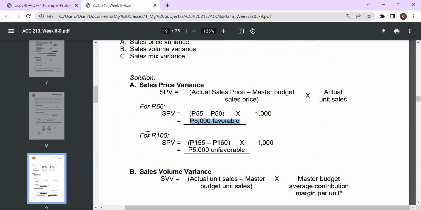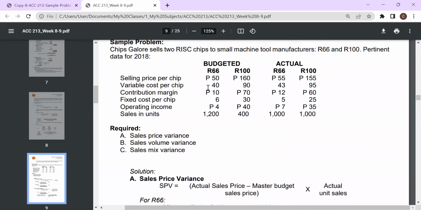For R100, it's the same. You simply have to compare the budgeted 160 versus the actual 155. This time, the budgeted is bigger compared to the actual, which is of course unfavorable. And then you multiply it by 1,000.